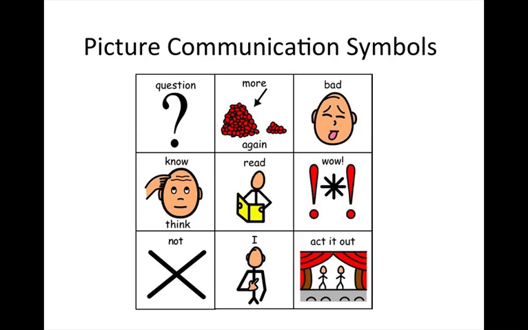And so when we talk about these symbols, typically people are talking about these type of picture communication symbols. The ones that are on the screen right now are from Boardmaker, the company called Mayer Johnson. There are a number of other symbol sets that would provide this same range of symbols and supports for students that we teach.